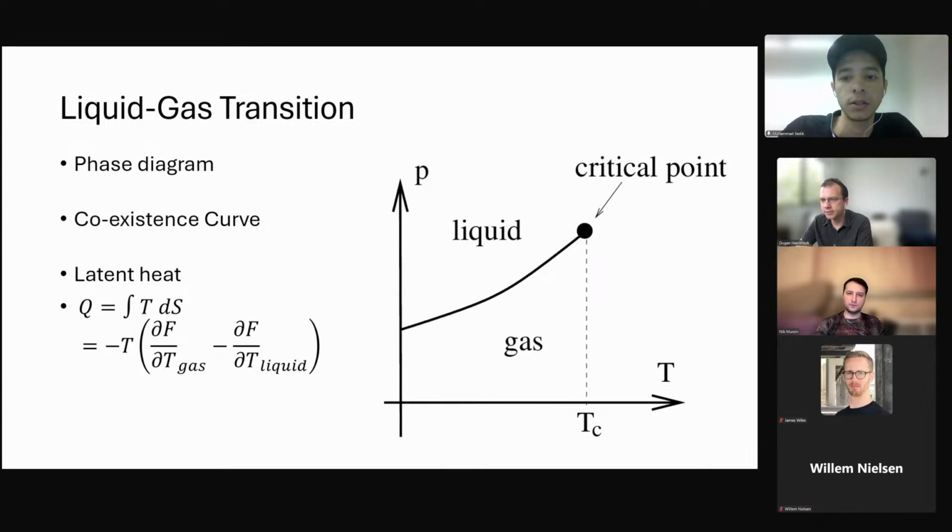And at the end of this coexistence curve, we have a critical point, which is basically a given TC and PC. If you are at a temperature above this critical temperature, you cannot turn between liquid and gas. There is a reason why we don't put any label in this region.